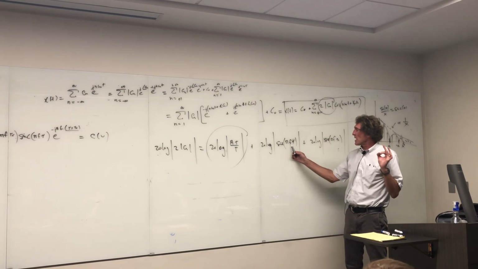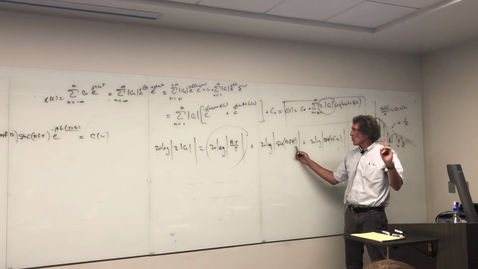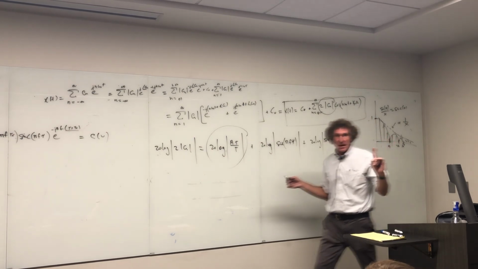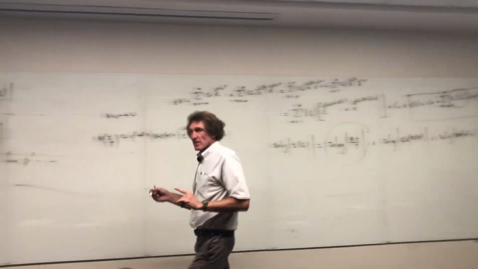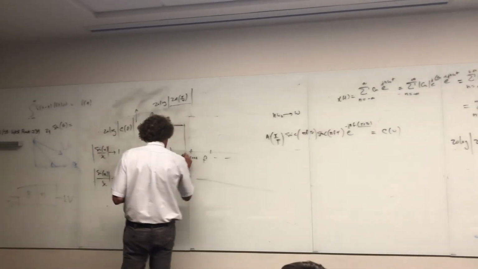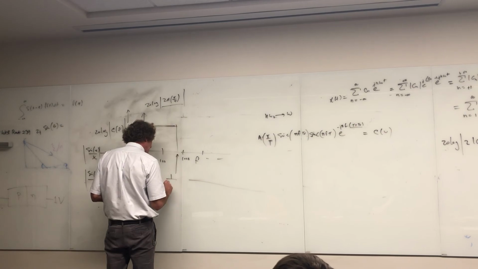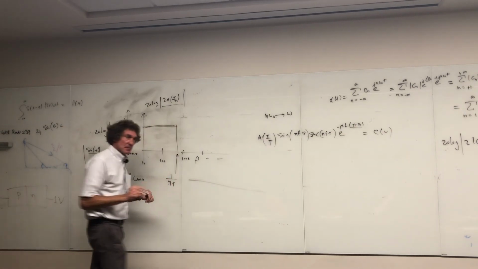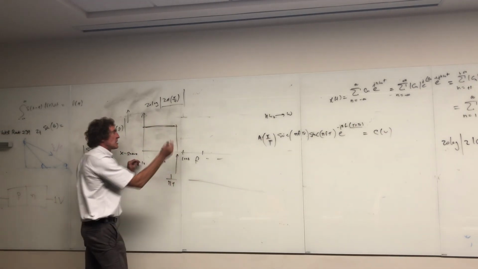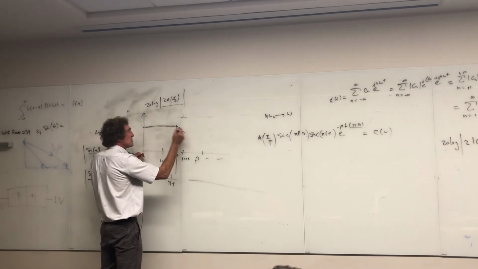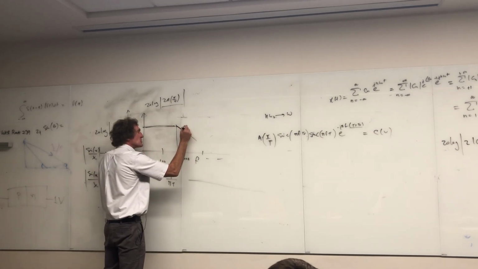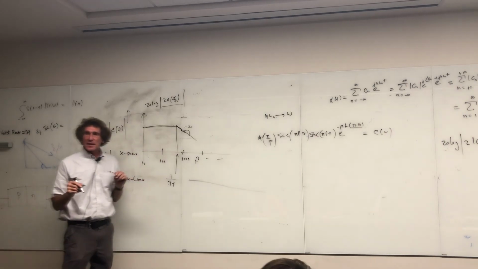That happens when pi f tau equals 1, or when f is equal to 1 over pi tau. So the first break frequency you always get is right here. Please just write this down. It's 1 over pi tau. I'll do a bunch of problems to make sure you see this. And it starts coming down at minus 20 dB per decade right there.